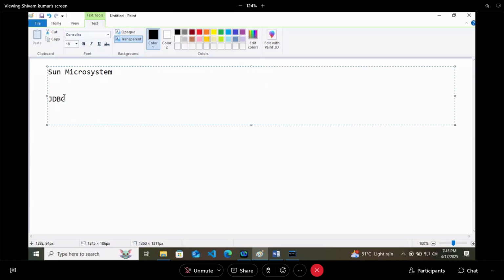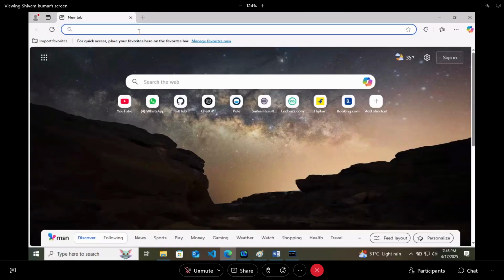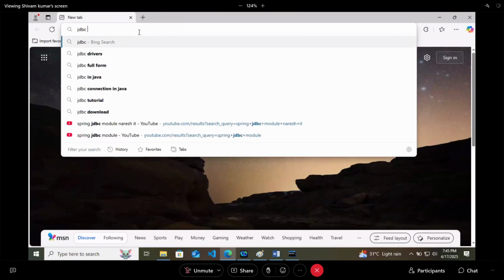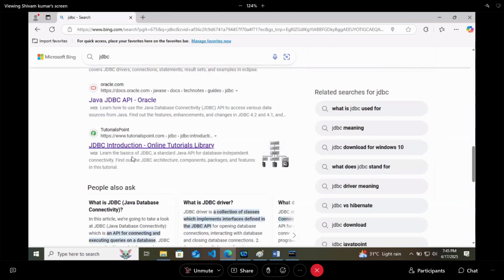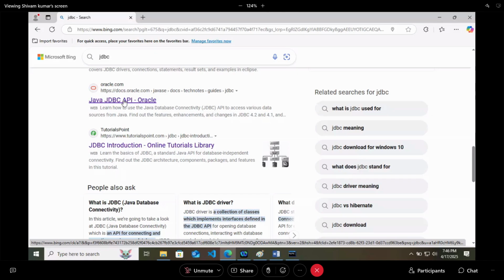Now if you go to their own website, just type JDBC and go to the website of Oracle, because Oracle is the owner of Java now. So they will say Java JDBC API.